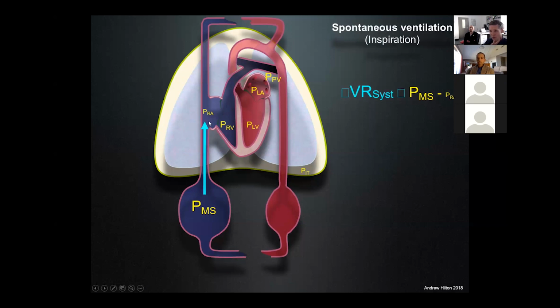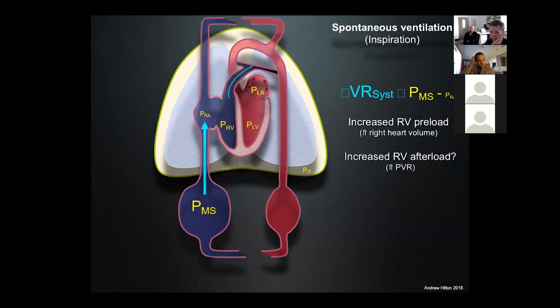Therefore, I increase flow towards the heart. That can cause dilation of the right atrium and right ventricle. But more or less, we get an increase in the right ventricle preload, which will increase your right heart volume, as I just said.